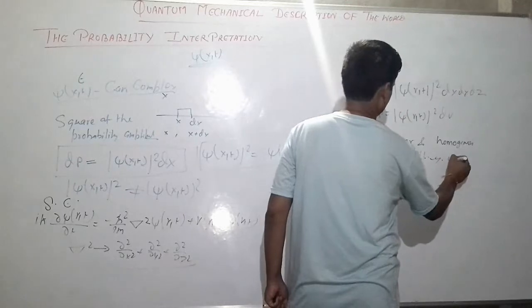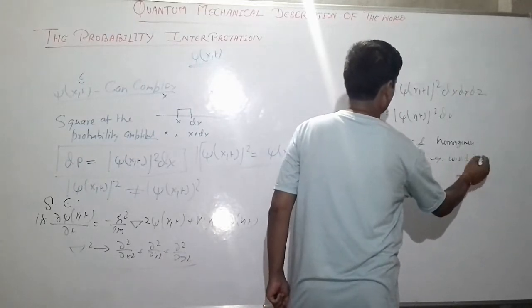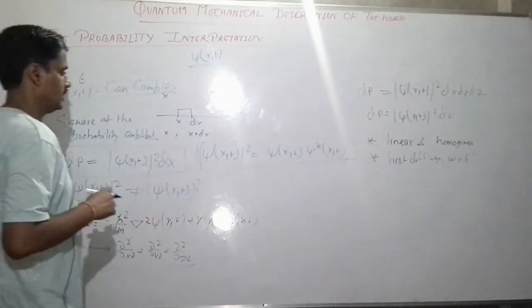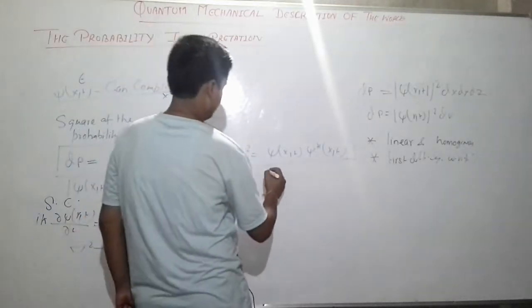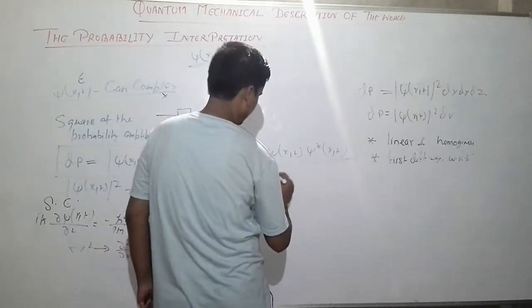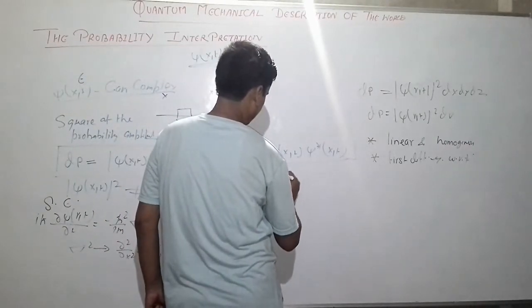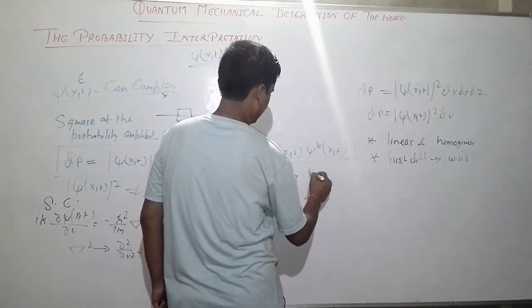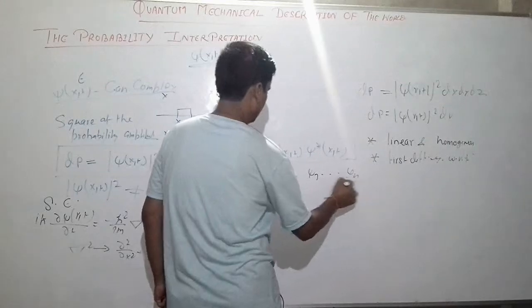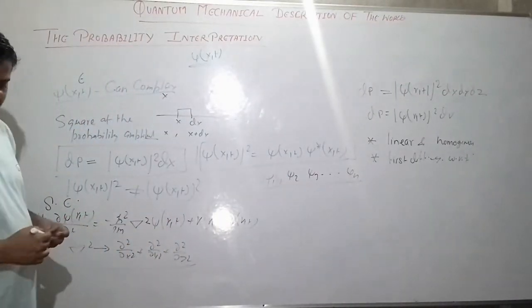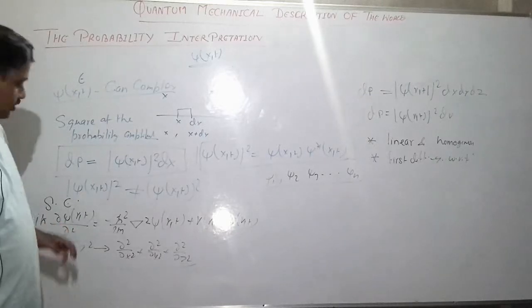As far as solutions are concerned, suppose psi 1, psi 2, psi 3 are solutions of the Schrodinger wave equation.